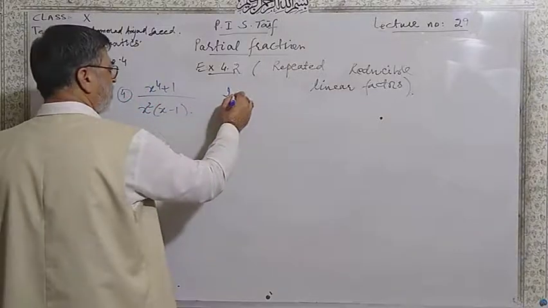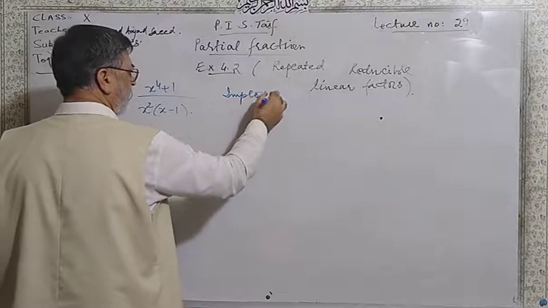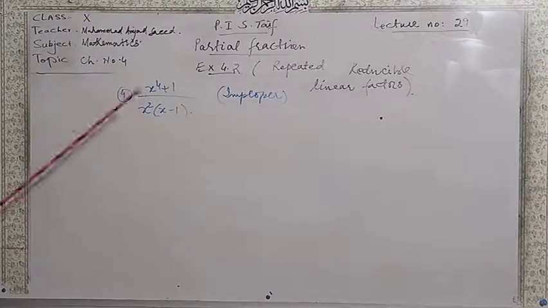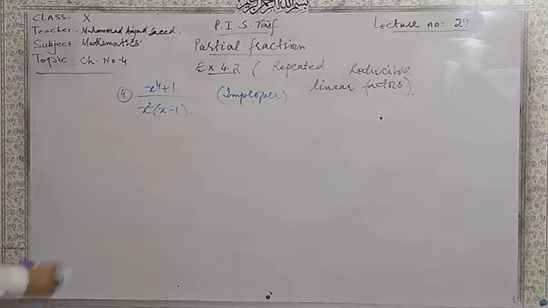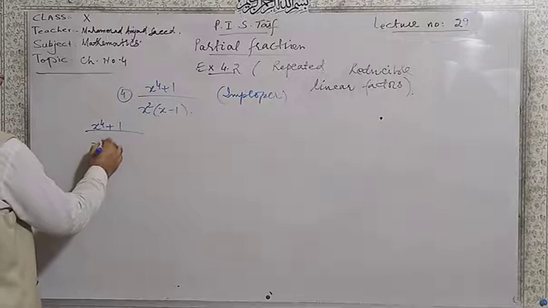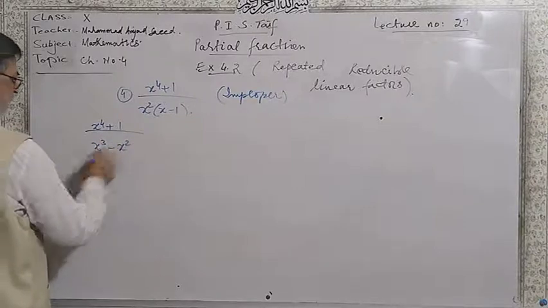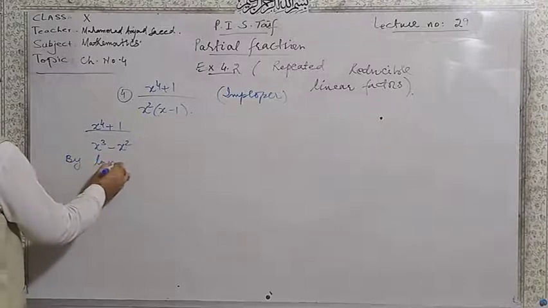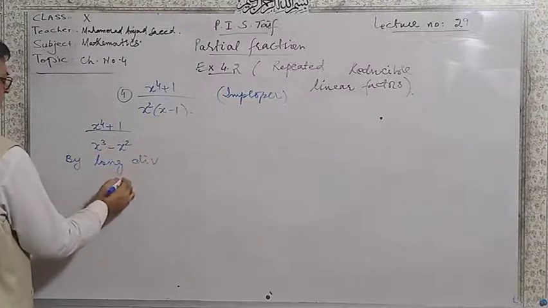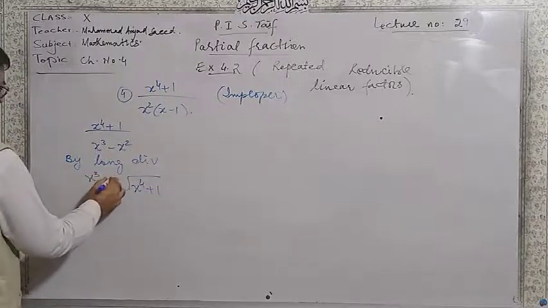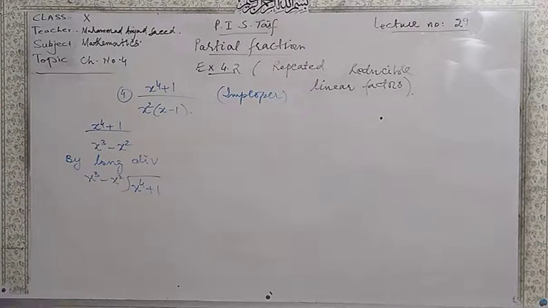So it is improper. First of all, we will convert it into proper form. (x4 plus 1) over (x cube minus x square). By long division, we will have x4 plus 1 divided by x cube minus x square.